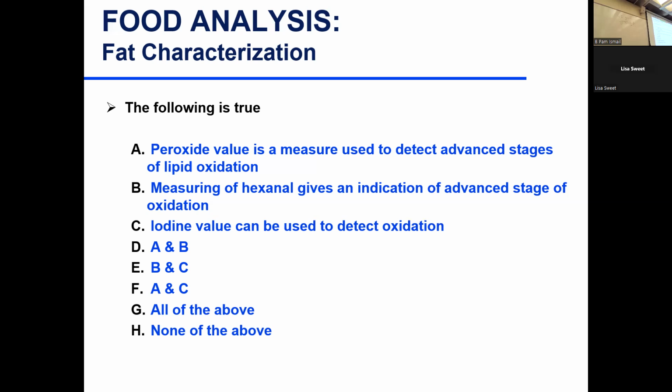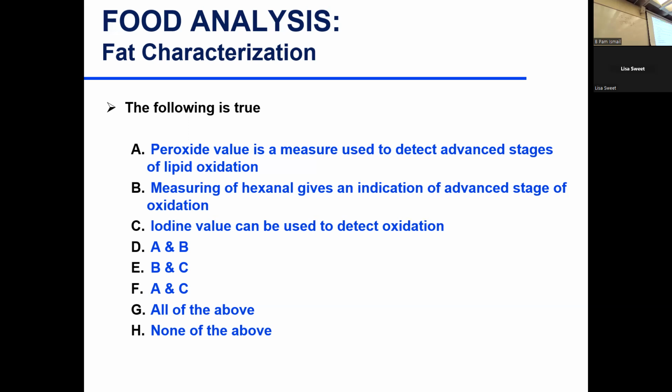And I will talk about iodine value. Probably I won't get to it today, but iodine value is basically a measure of unsaturation. It's a reaction where you have double bonds in your unsaturated fat, and iodine is going to react, break the double bonds, and replace them with iodine.